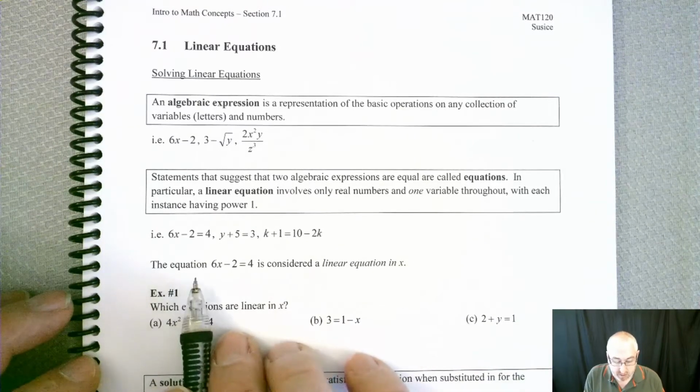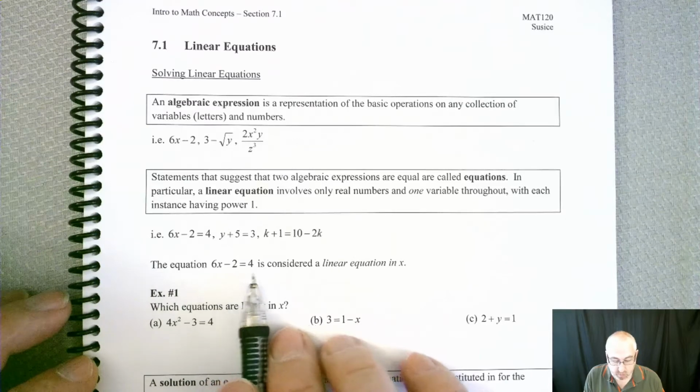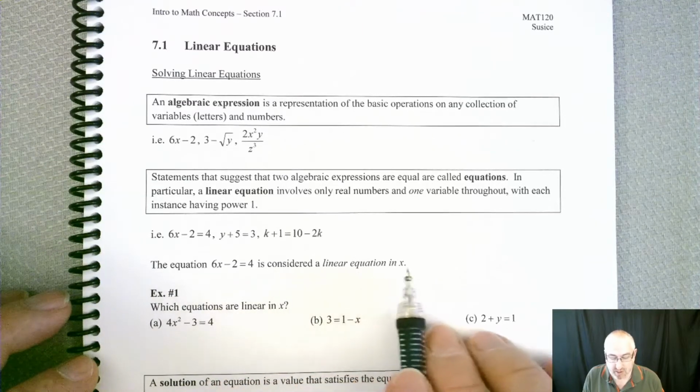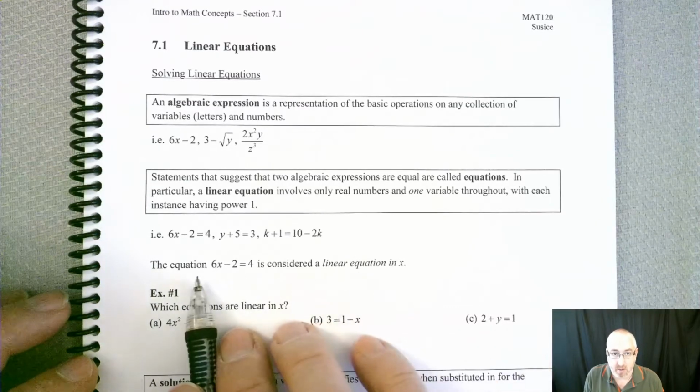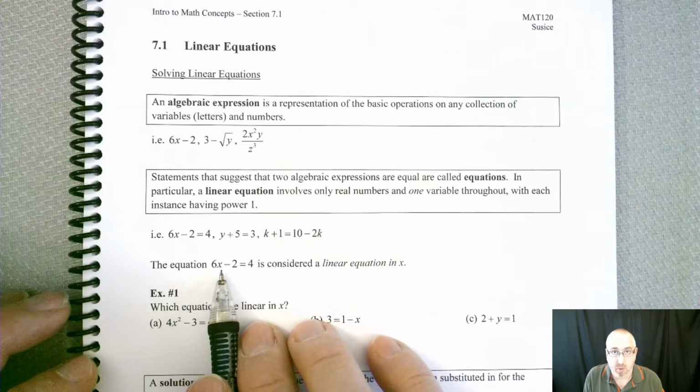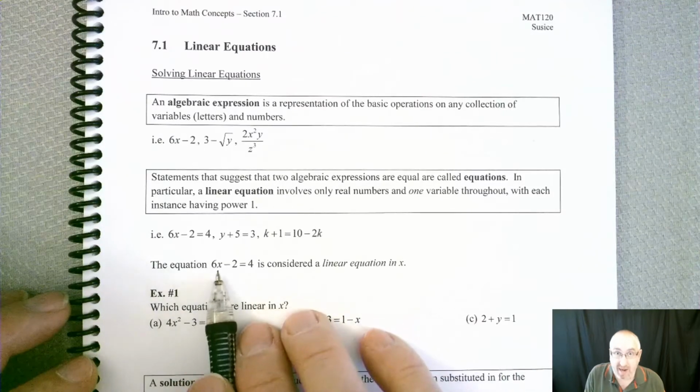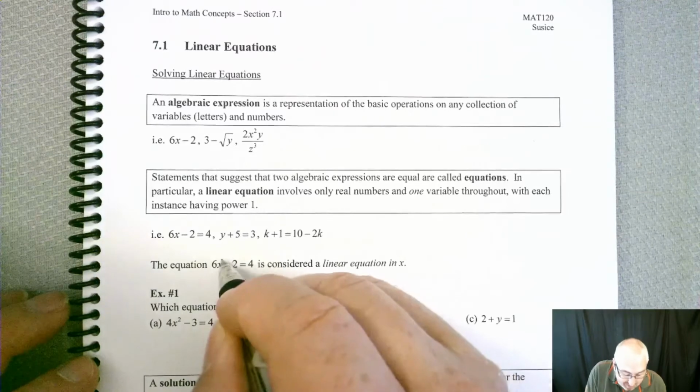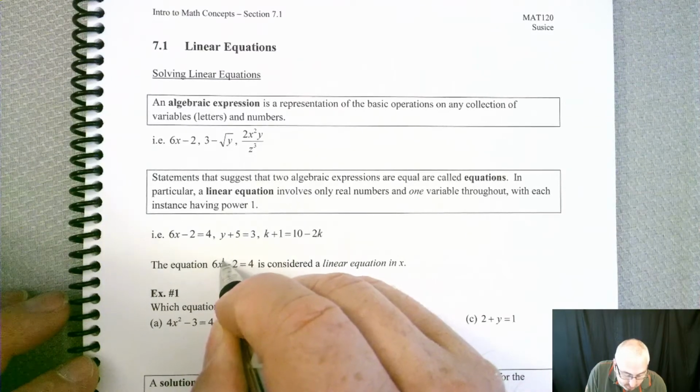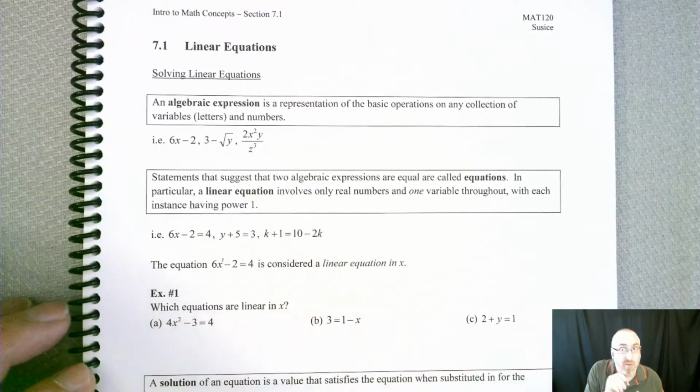Now, the equation 6x minus 2 equals 4 is considered a linear equation in x. So again, the variable has an exponent of 1. Even though there's not an exponent on it, technically there is an exponent of 1. Just like you can put a 1 in front of the x, you can put an exponent of 1 and it doesn't change it.